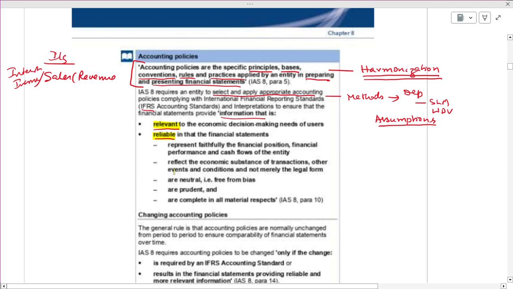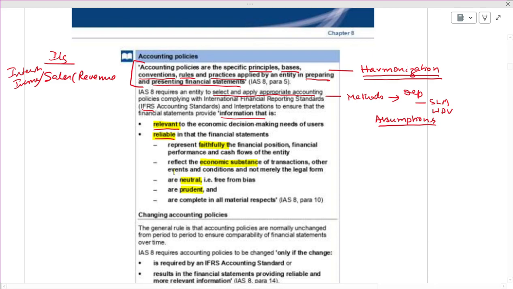When we say you have the fundamental principles and enhancing principles, we have done this in the conceptual framework. Fundamental principles are there, enhancing principles are there. You have to represent faithfully, reflecting the economic substance in terms of monetary value. You have to be neutral. It should be prudent, very conservative, very realistic.